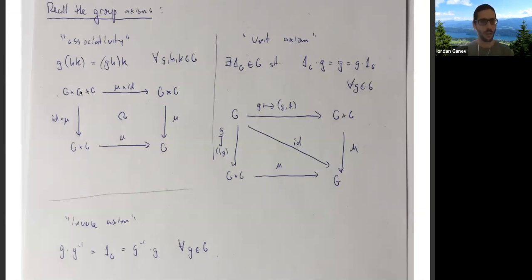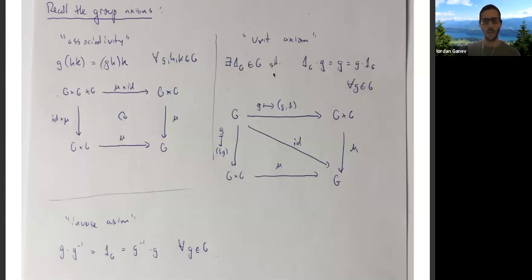Or we can first multiply the last 2 coordinates and let the first one tag along, and then multiply again. That corresponds to the left-hand side. The fact that we have equality here is equivalent to saying that this diagram is commutative. Okay, so that's the associativity.